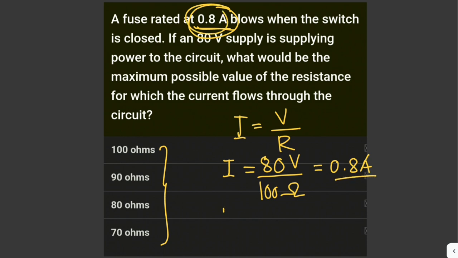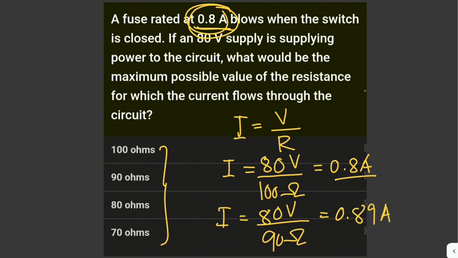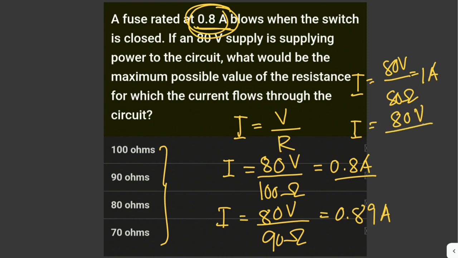How about the second one? 80 volts divided by 90 ohms would give us 0.89 ampere. The next one is 80 volts divided by 80 ohms, and this would give us 1 ampere. The last option is 70 ohms, so that would be 80 volts divided by 70 ohms, which is equal to 1.14 amperes.